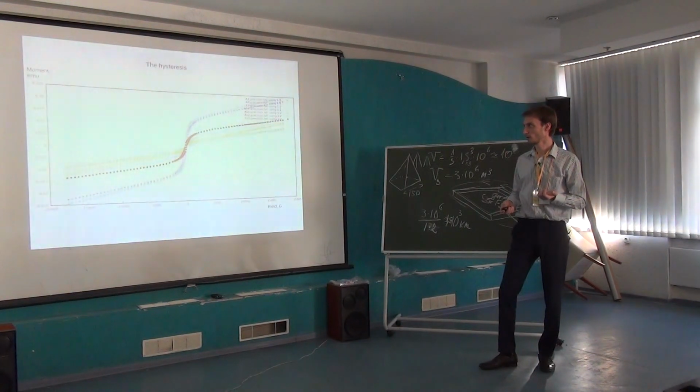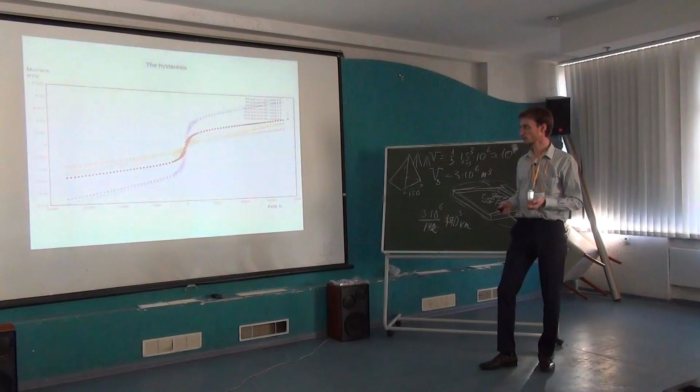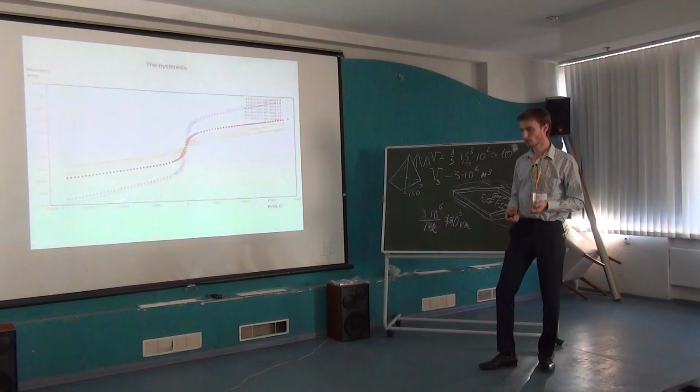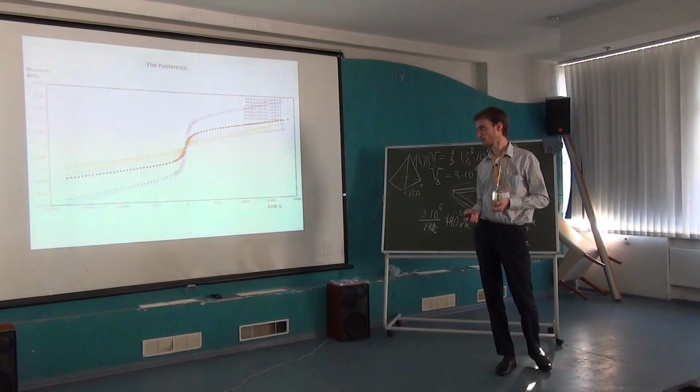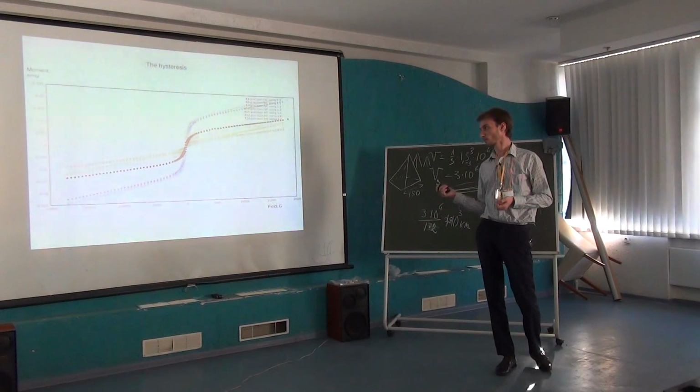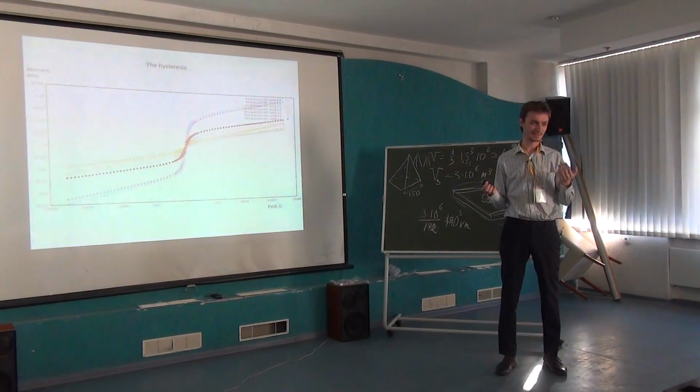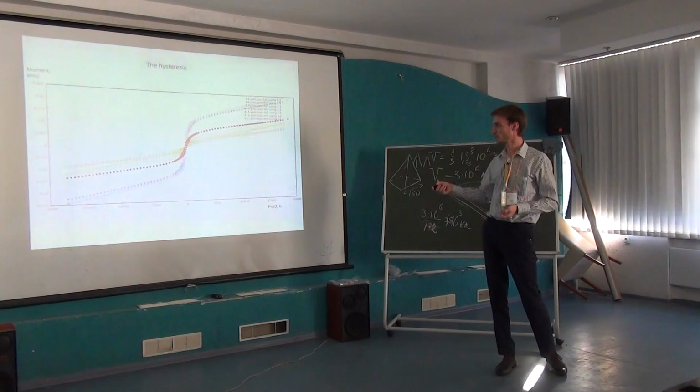Here is the hysteresis of all 6 samples, and we can see that the modern sample, red colored, shows a bit of ferromagnetic properties, but the whole set shows not ferromagnetic, paramagnetic, sorry, properties.